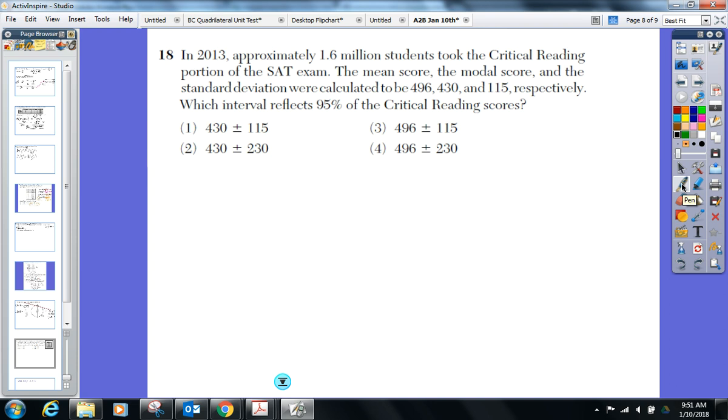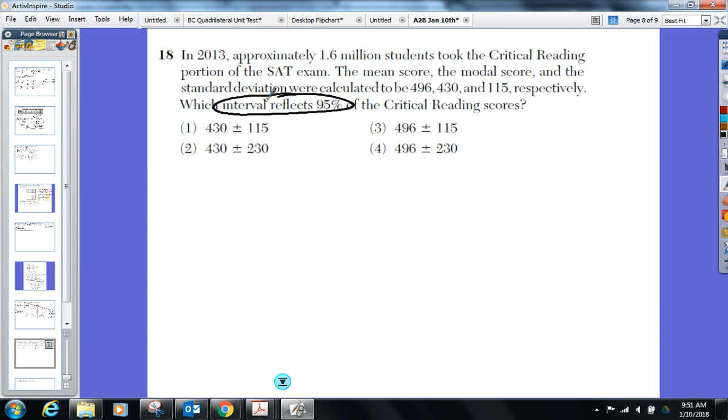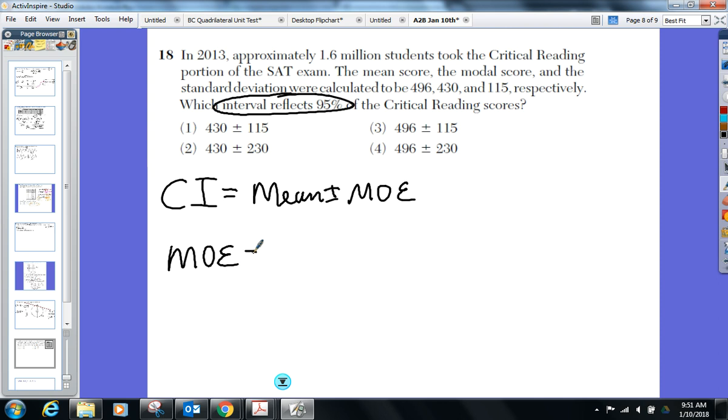Which interval reflects 95% of the critical reading scores? What do we call that? The interval, again, that represents 95%. We had an actual name for it. Confidence interval. And if you remember, confidence interval is equal to mean plus or minus my margin of error. Okay, but you need to know how to find margin of error, which is plus or minus 2 times your standard deviation.